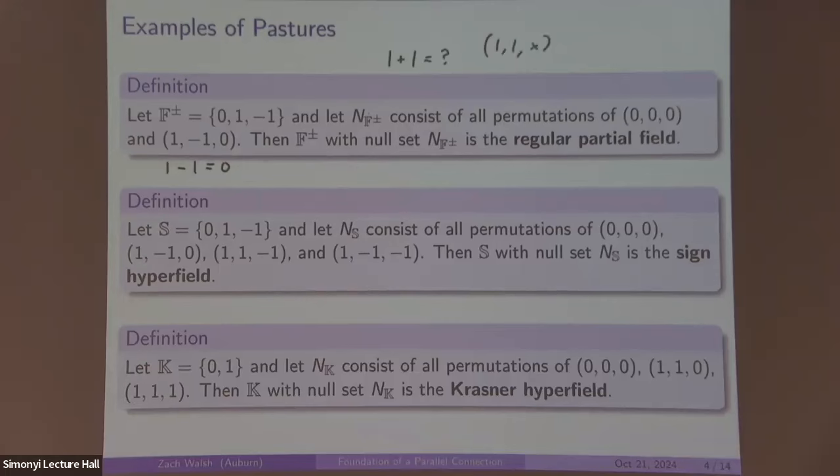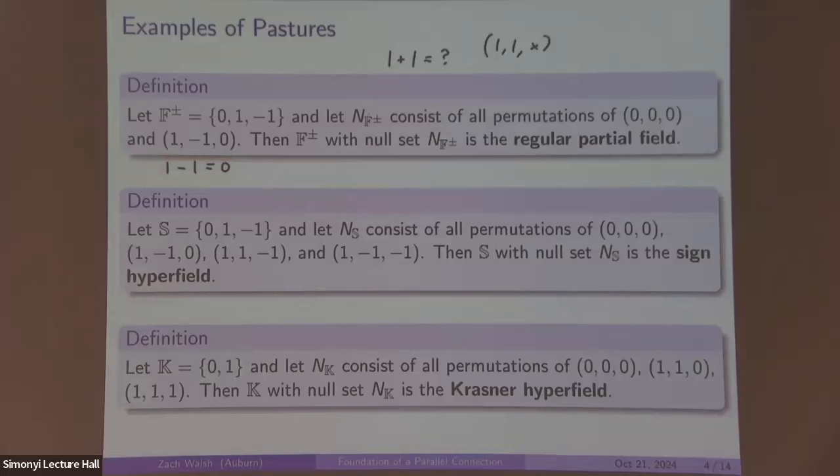So addition is only partially defined here, a partial binary operation, and that's what a partial field is. This is just one example of a partial field, and it is very restrictive because there's really only one non-trivial thing in my null set. I only know how to add 1 and -1 and nothing else.